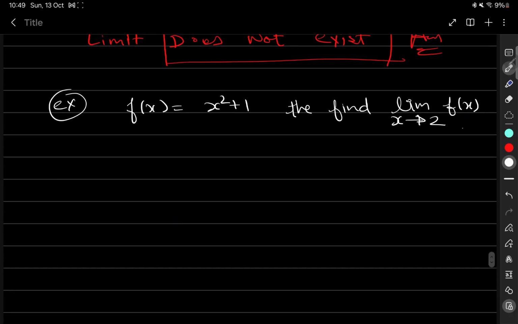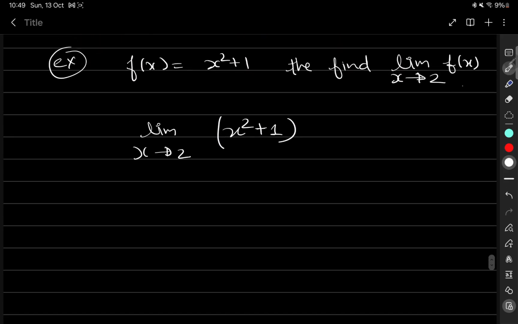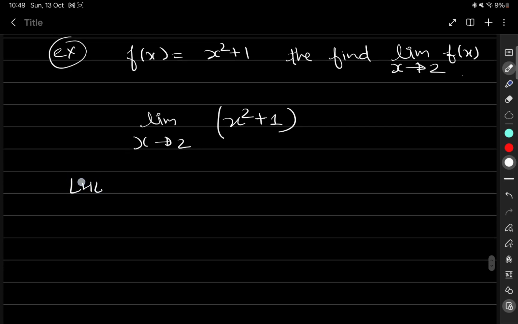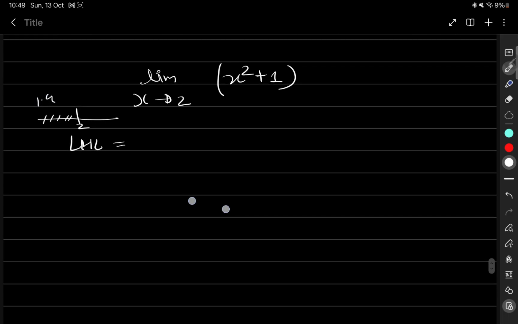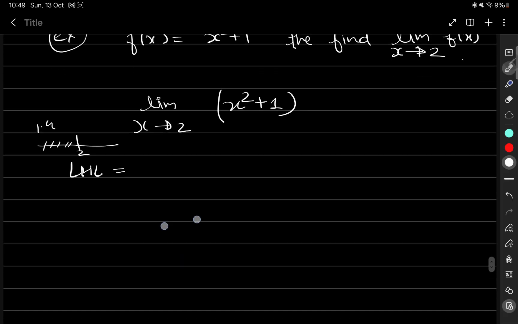So easy one, just limit x tending towards 2, that is x square plus 1. Now find values. So LHL is what? This one is 2, so when you put 1.9, we have to solve this one.